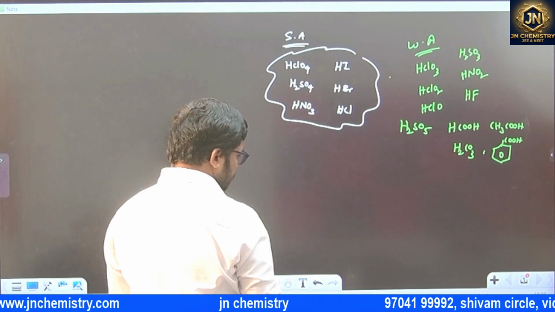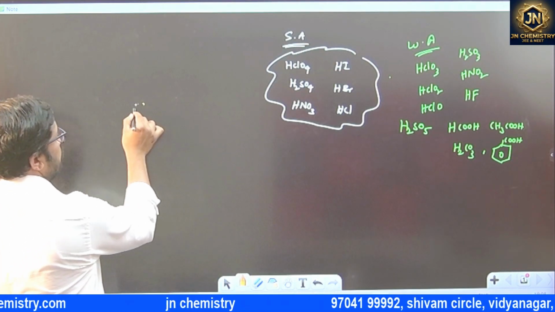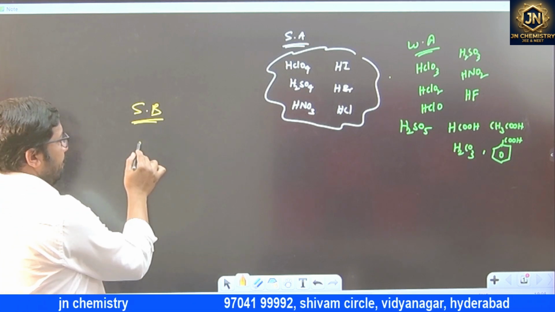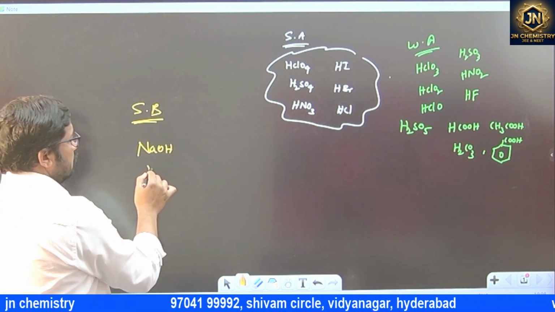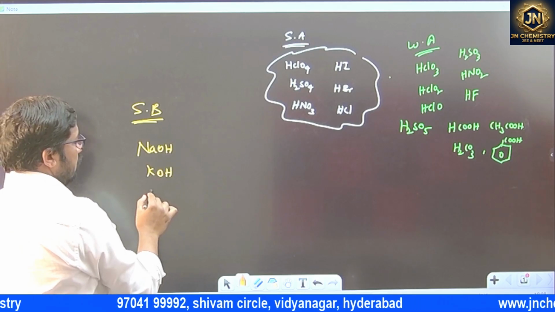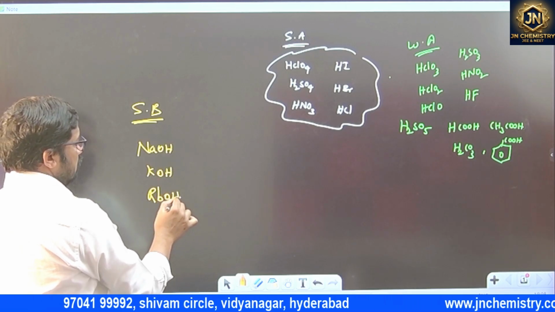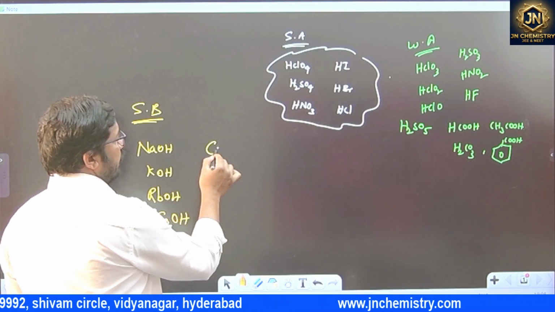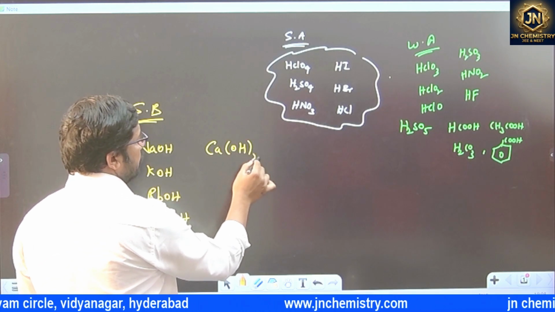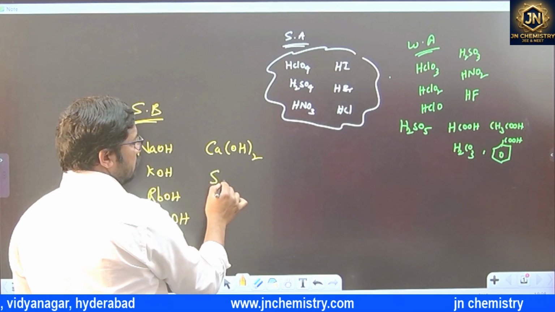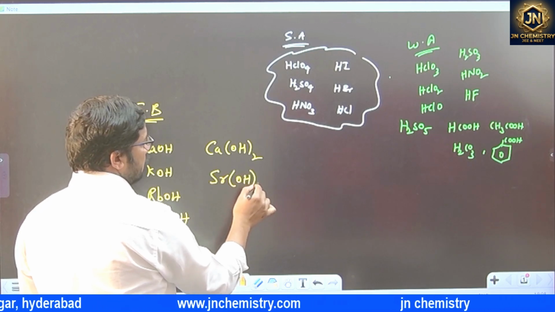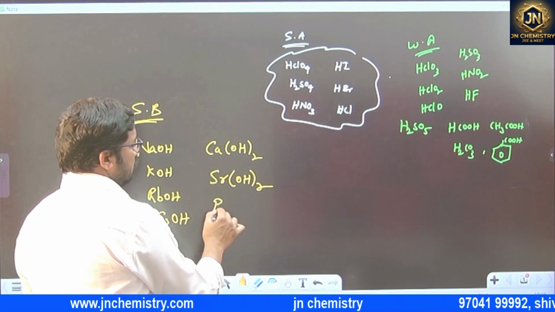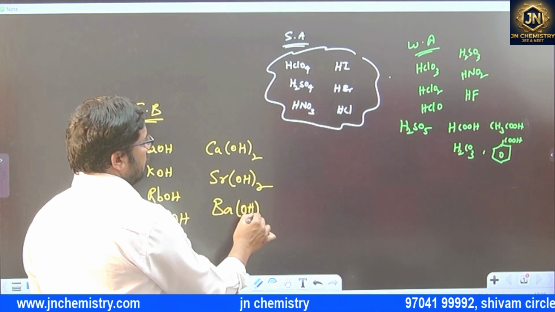Next, strong bases, right? NaOH, KOH, RbOH, CsOH, calcium hydroxide, francium hydroxide, barium hydroxide.